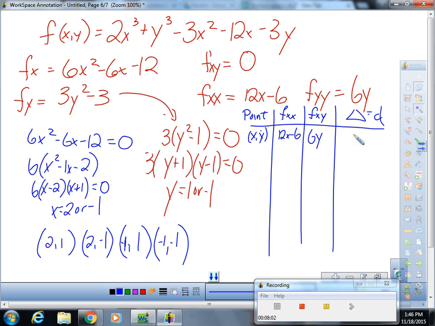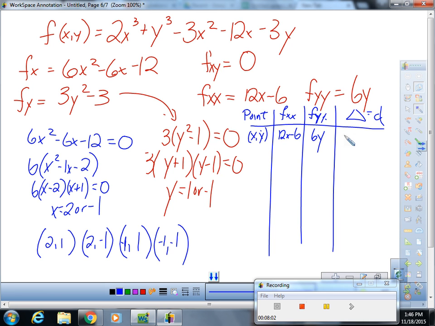Hold on, this should be yy. This should be yy, sorry. Because we're going to need that, right? We're definitely going to need that. Remember what we're testing? Do you remember the discriminant? It's this times this minus f sub xy squared.